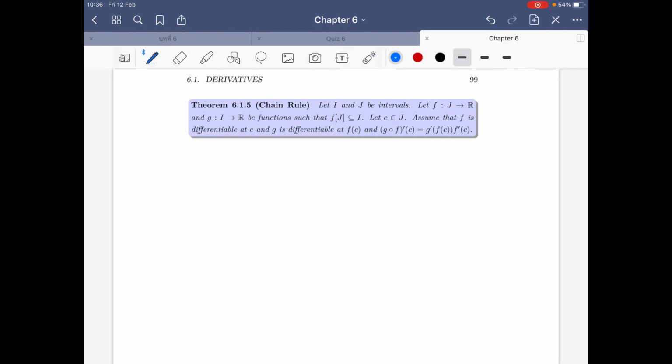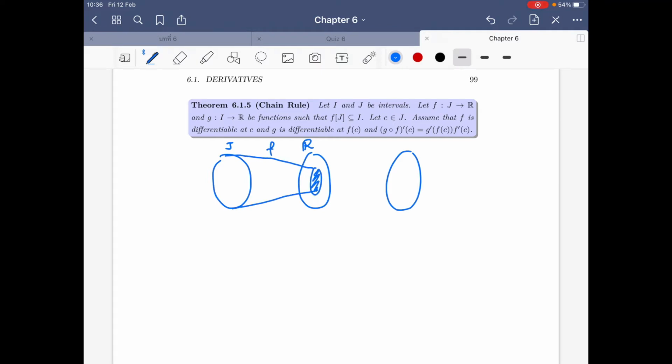All right, now we are ready to establish the chain rule. For the chain rule, don't forget that we have your f from j to the real numbers R, okay, so your f looks like this. And then your g from I, which is a little bit greater than f of j, to R as well.